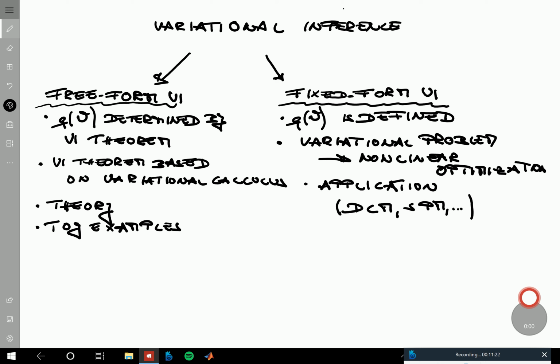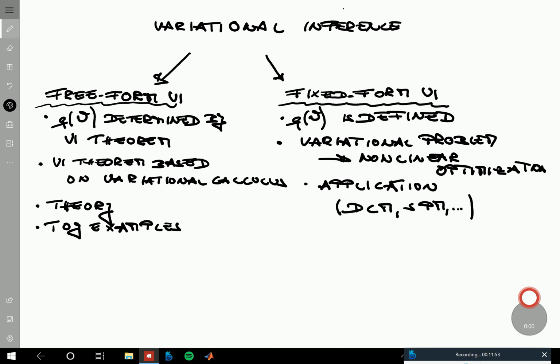Definitely from the applied perspective, fixed form variational inference is happening much more and is being developed in all sorts of variations. Free form variational inference is more interesting from a didactic perspective, but also quite tedious in terms of the algebraic manipulations required.